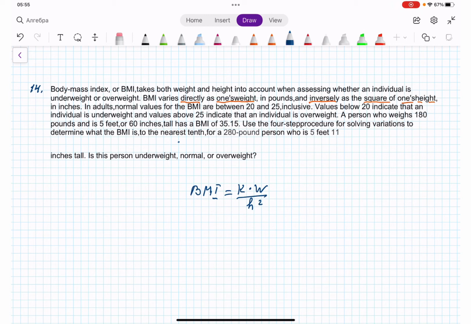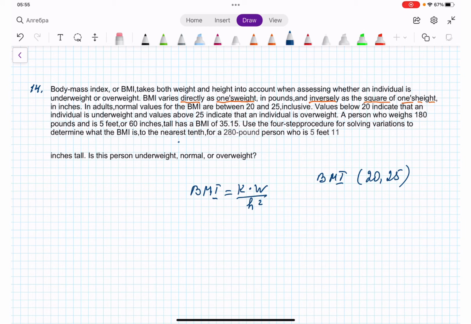Height in inches. In adults, normal values for BMI are between 20 and 25, inclusive.